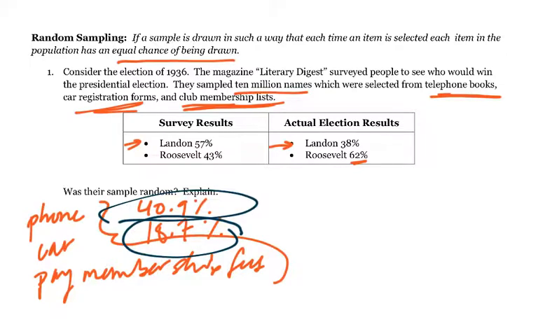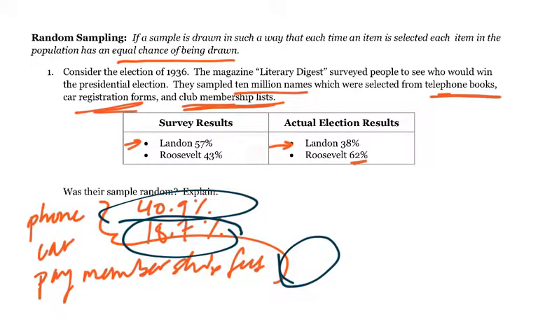And then club membership fees, I don't have a number for that, but I can imagine if they're talking about country clubs, there is a large part of the population that might not have been on the rosters for a country club. Did they survey women and perhaps African Americans and people who had not had the right to vote for very long? This might have skewed this data significantly.